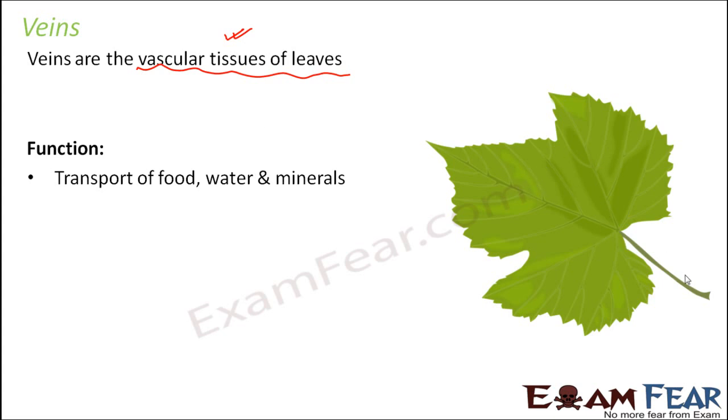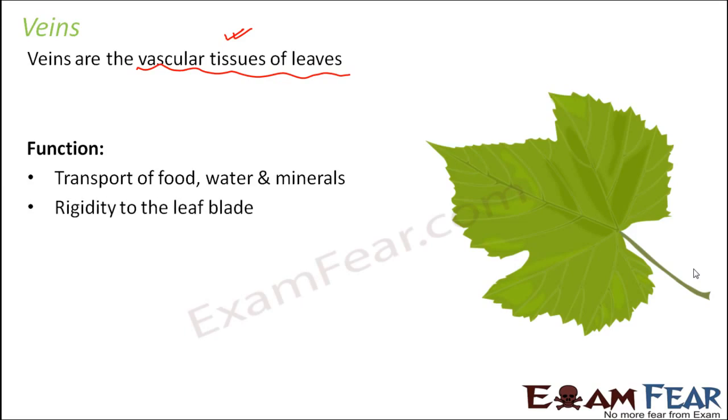Because once the food is prepared in the leaves, or water or nutrients come to the leaf, that needs to be distributed equally to different corners of the leaf. So how will that internal distribution within the leaf take place? That distribution takes place with the help of these tube-like structures called veins and veinlets.